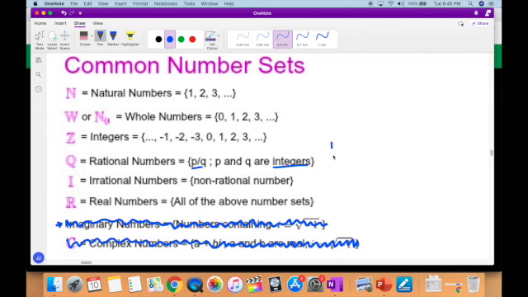I have two integers, one over the other, and it gives me an exact fraction. So this is what a rational number is. Rational numbers are fractions.